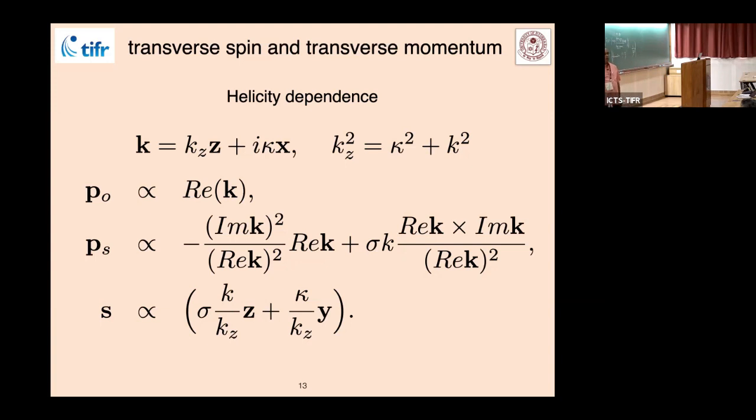So the moment you structure the beam, you may end up with this structure of spin. And by the way, surprisingly enough, though spin is always connected to helicity and everything, the transverse spin is independent of the helicity. That again gives you the basis for this spin momentum locking, because in that case, the spin is independent of the helicity, but it depends on the direction of propagation.